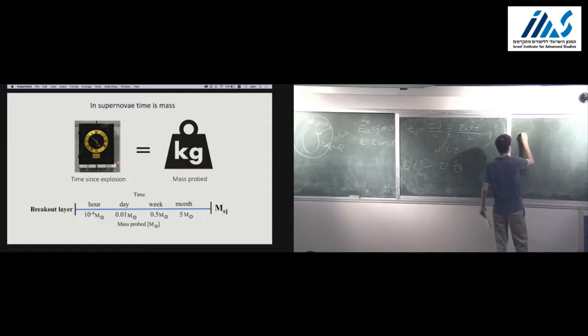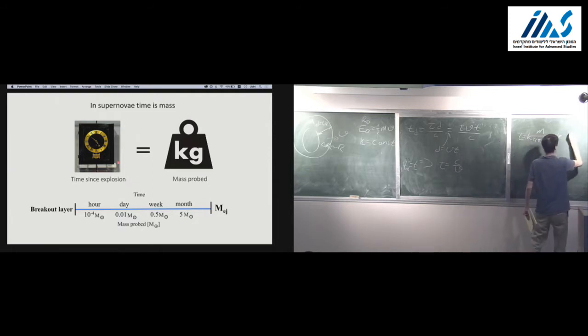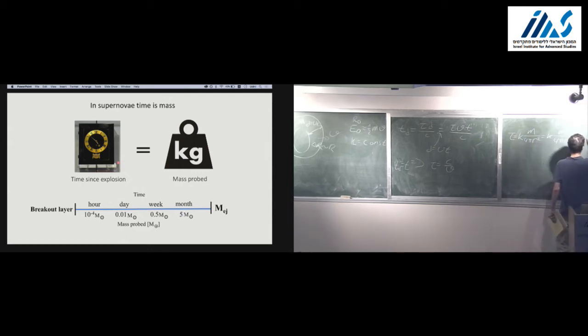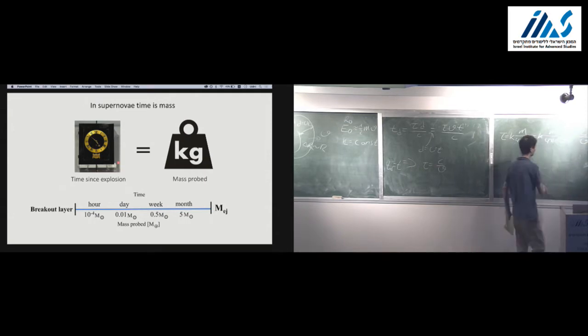So tau is simply kappa multiplied by m divided by 4 pi r squared. But r is vt. So it's kappa m over 4 pi v squared t squared. And this is equal to c over v.